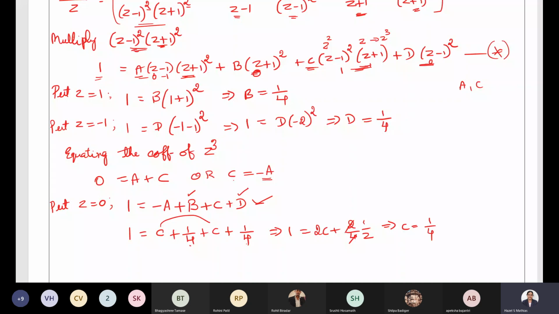So what is the value of a then? We have c equal to minus a. Chaitranjali, what is the value of a?